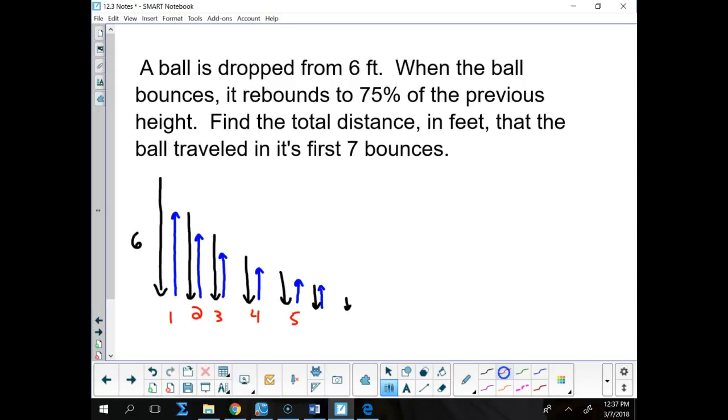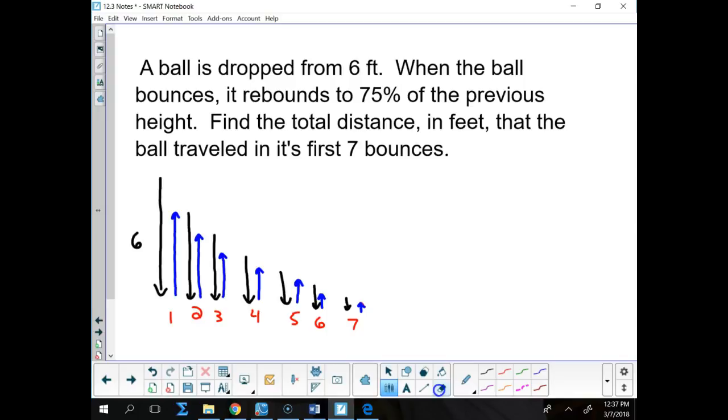Oh, tap the brakes, went too far. Come on now. That's right. So there's 6 bounces, there's 7 bounces, right? Now. So how many downs do you have? 7 downs, right? But then you also have 7 ups.